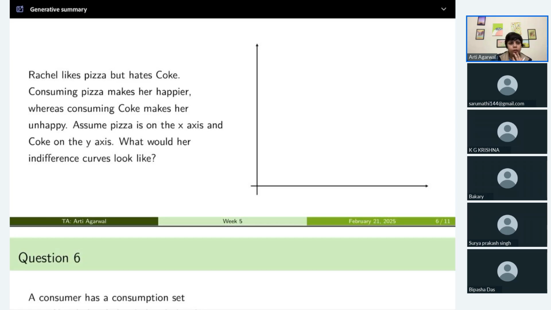So upward sloping and downward sloping doesn't really answer the question. If it's possible, just draw it and share a picture in this chat box if you like. Otherwise, you can just draw it and keep it, and then when we discuss it, you can check how it looks. So I'll give you a few minutes to think.